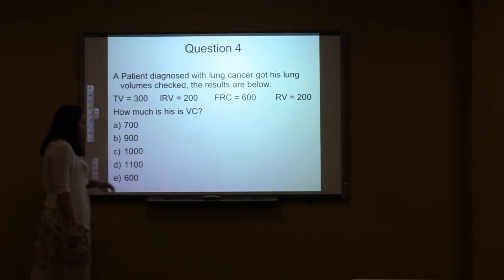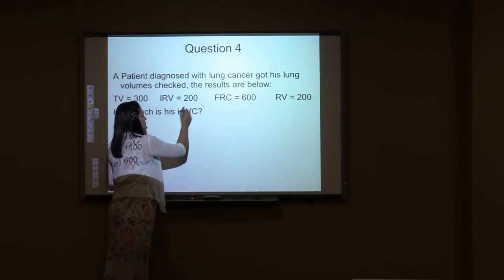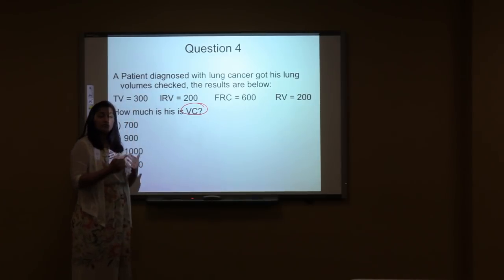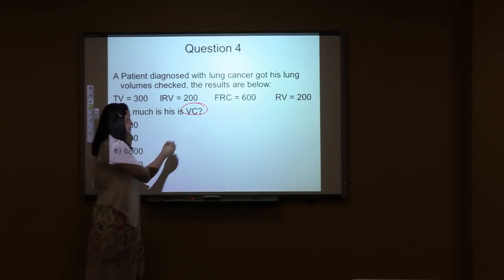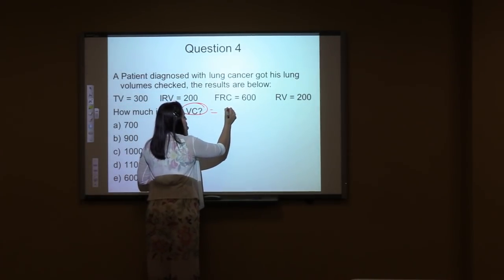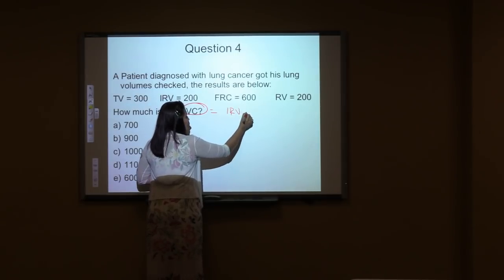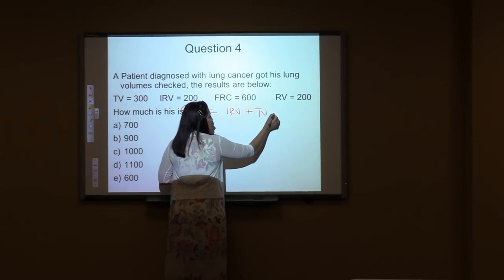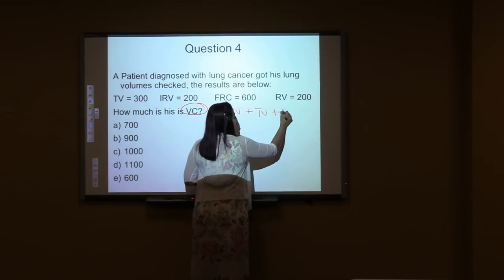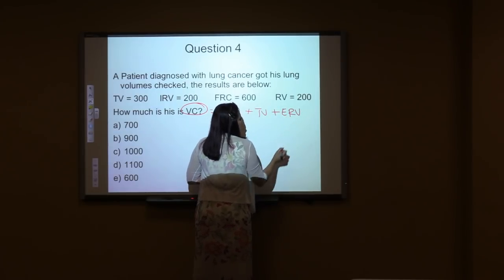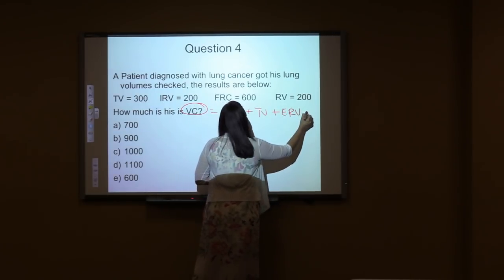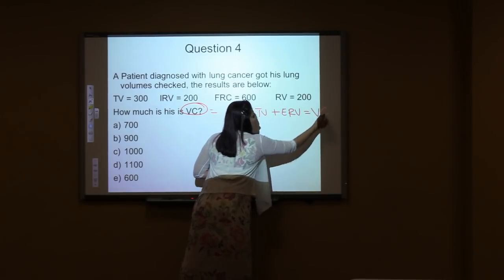Okay, so this question asks what is VC. First of all, you have to figure out the equation for VC. It is IRV plus TV plus ERV, which will give you VC, correct?